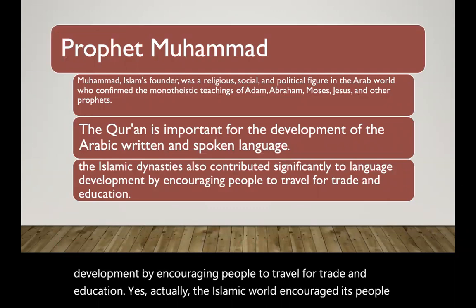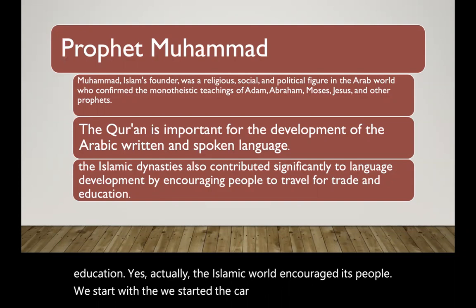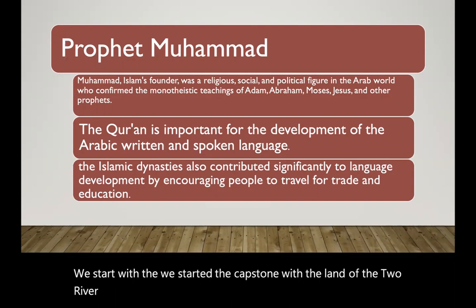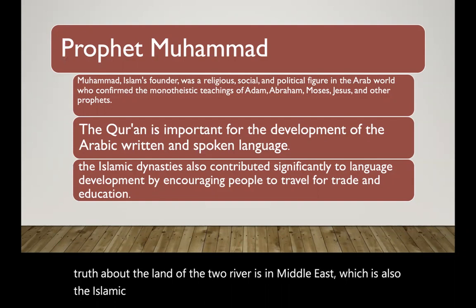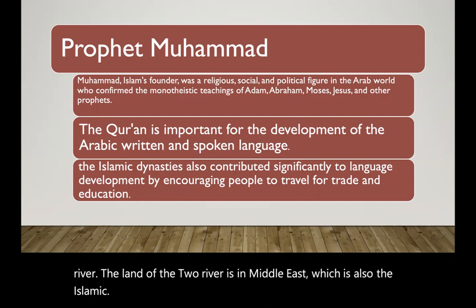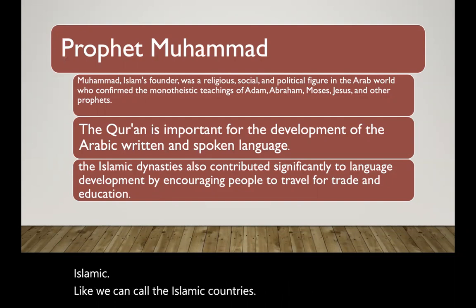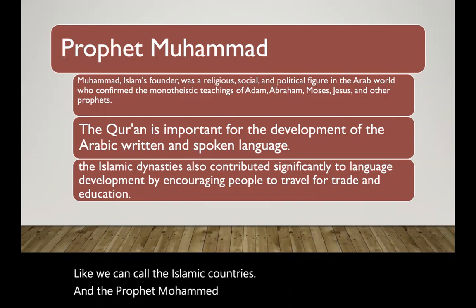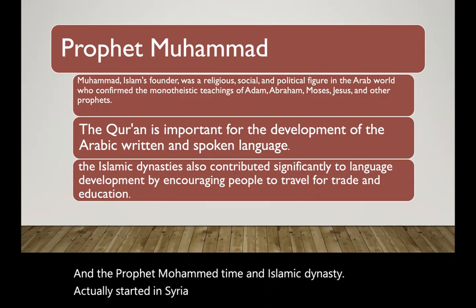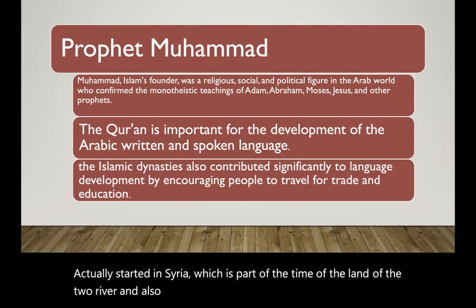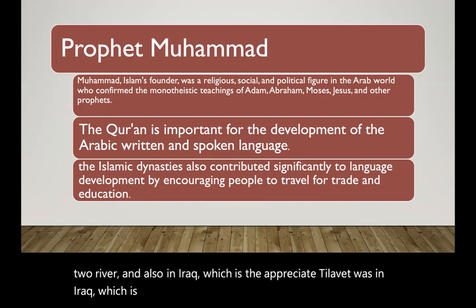We started the capstone with the land of the two rivers. The land of the two rivers is in the Middle East, which is also where the Islamic countries were in the Prophet Muhammad's time. The Islamic dynasty actually started in Syria, which is part of the land of the two rivers, and also in Iraq, where the Abbasid Caliphate was, which is also the heart of the land of the two rivers.